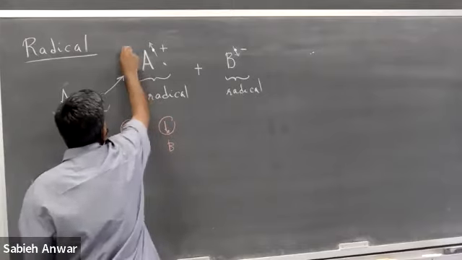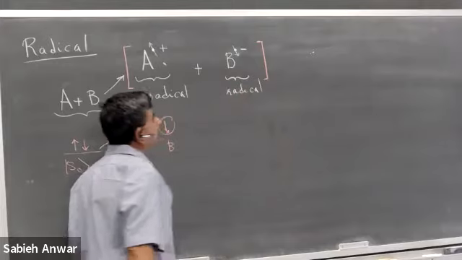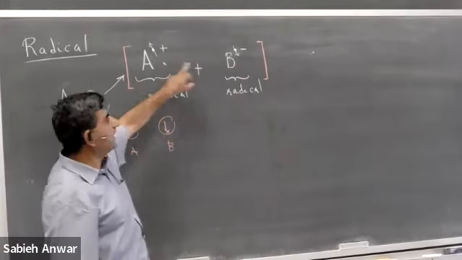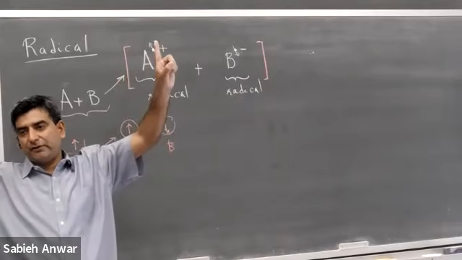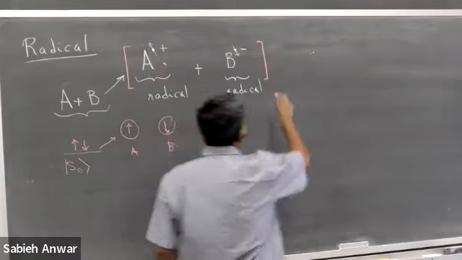So this complex remains a singlet. So now we have two electrons, two lone electrons, and they are in a quantum state, which is the singlet state.